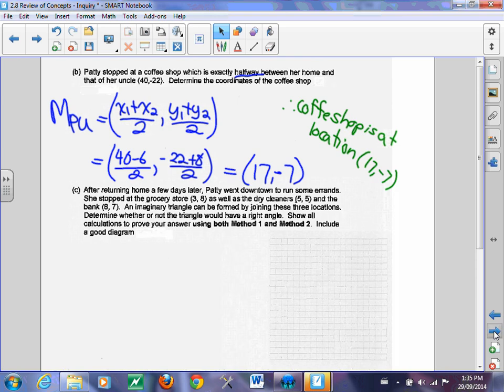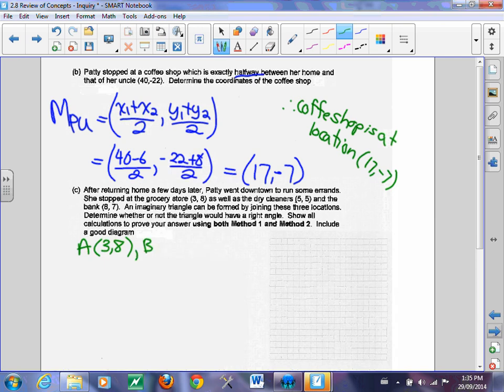After returning home a few days later, Patty went downtown to run some errands. She stopped off at the grocery store, which is... Okay, so let's let grocery store be A, which is at ordered pair 3 and 8. As well as the dry cleaners at 5, 5.